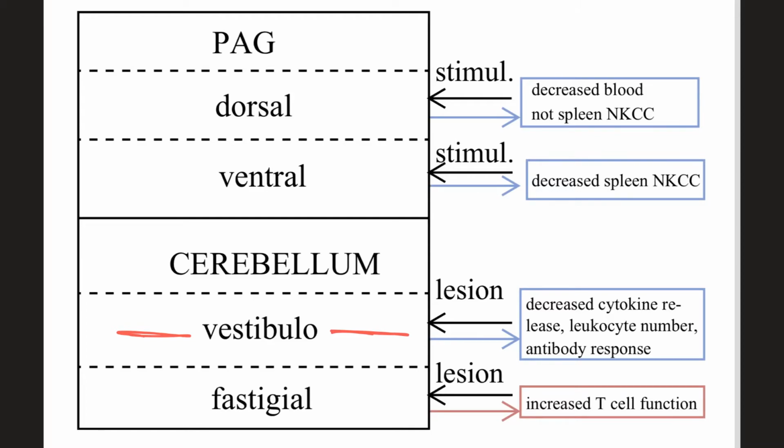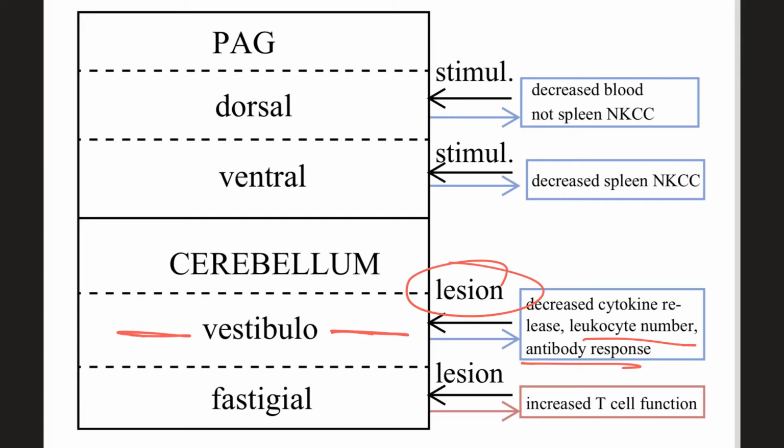There's an entire descending neurological system called your vestibulospinal tract that is your postural reflex system. And like this says here, if we develop a lesion in your vestibulocerebellum, it leads to decreased cytokine release, leukocyte number and antibody response. So if we have decreased leukocyte number and decreased antibody response, what does that look like? That's a global Th1 and Th2 suppression.